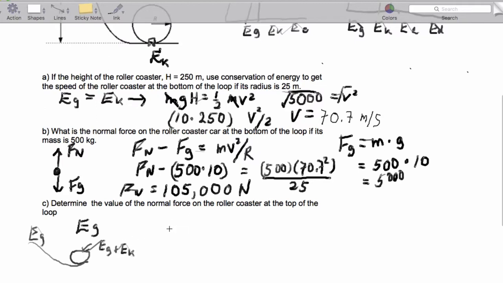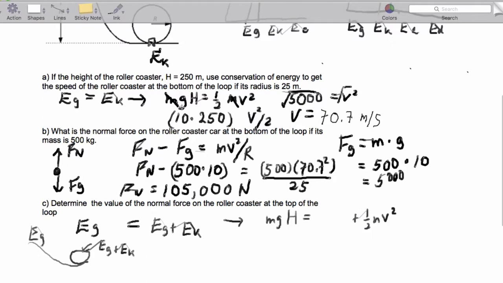And we'll go ahead and actually set up those equations. So EG equals EG plus EK. And what I'm going to do is use a little bit of algebra. So I have mgh equals mgh at the top plus 1/2 mv squared for the kinetic energy.